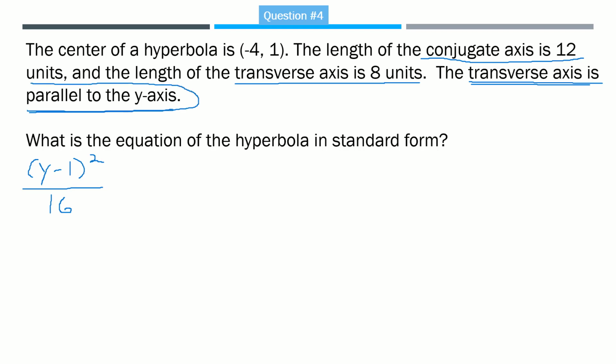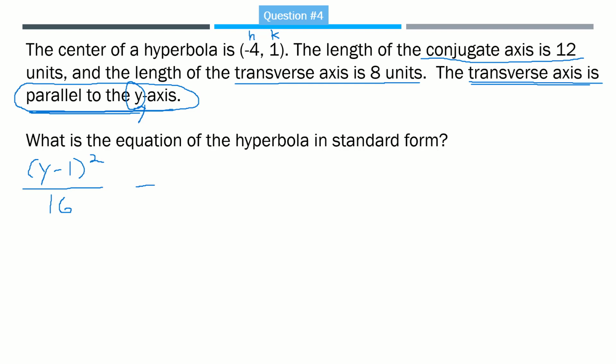That's kind of like the major axis of an ellipse. Similar, not exactly the same. But whatever that transverse axis is, this variable, y, is going to come first, because now we have subtraction in between, not addition. Now, the y coordinate, we've got h and k for the center, and k is 1.